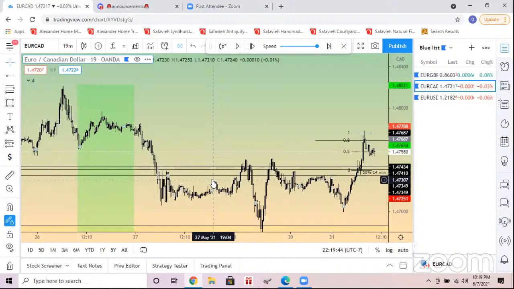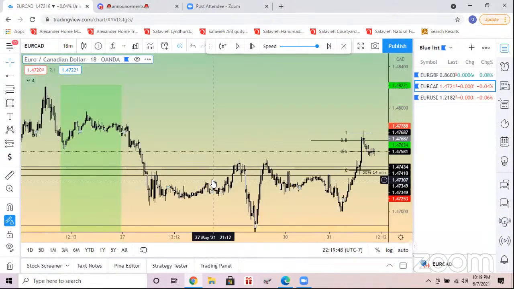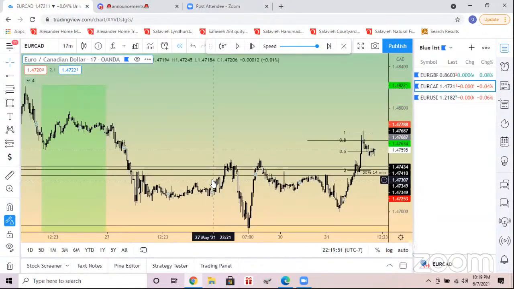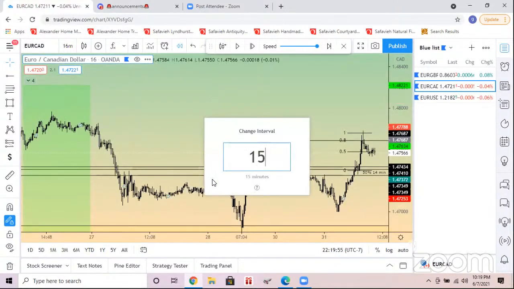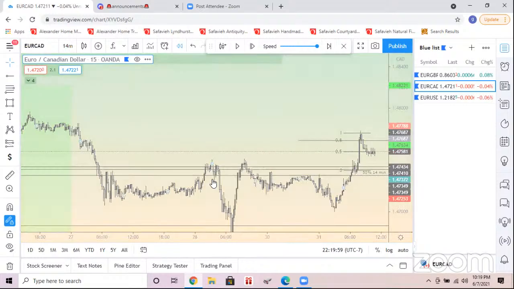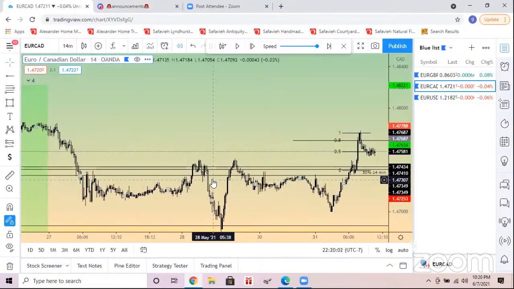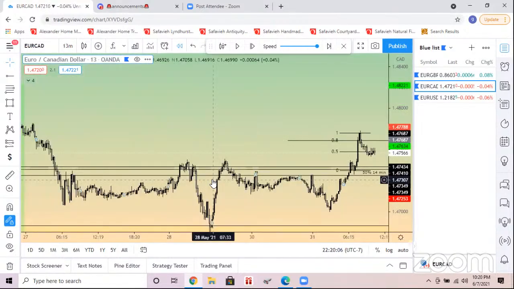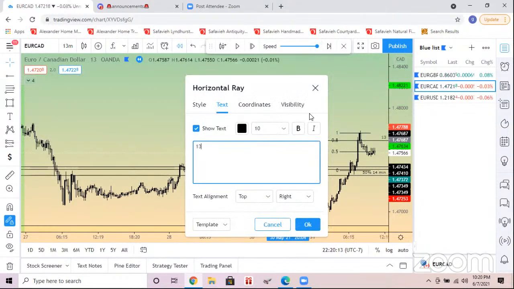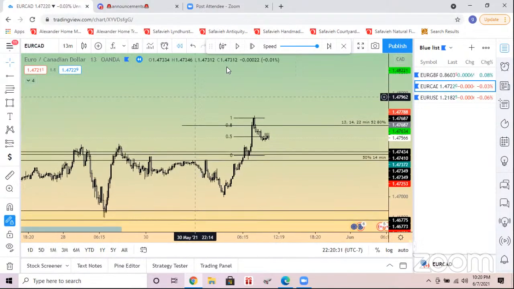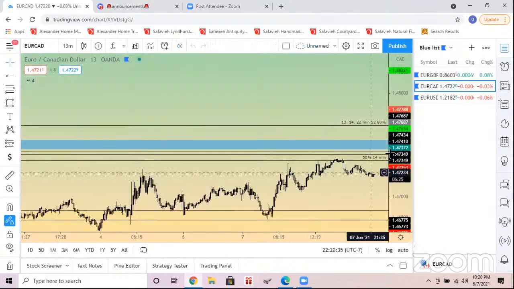About 50% of the 19 lines up at the 80. 14, 13, so that will be our extreme there.